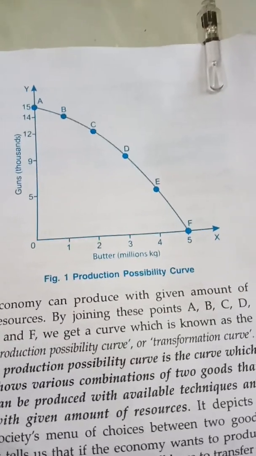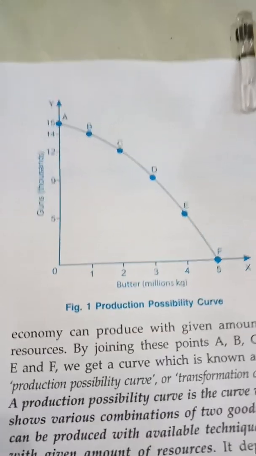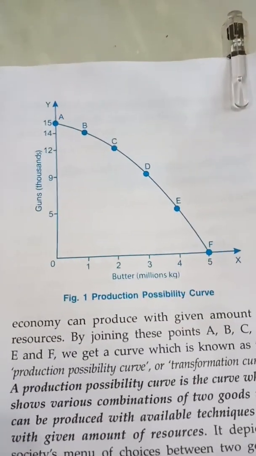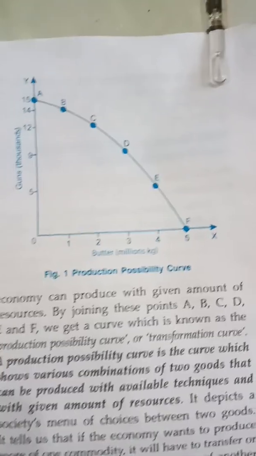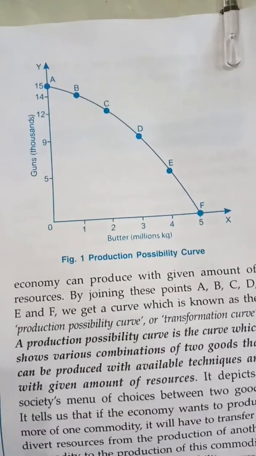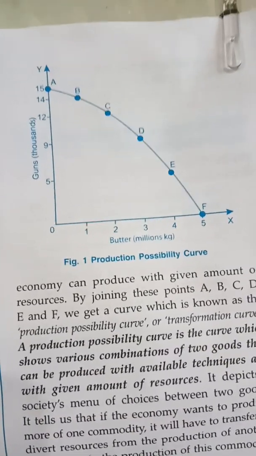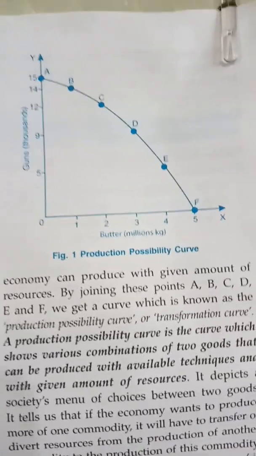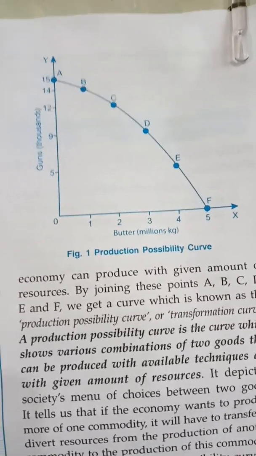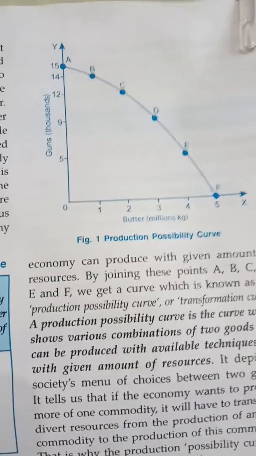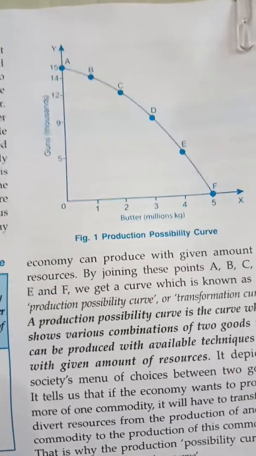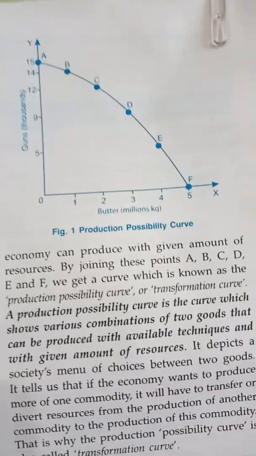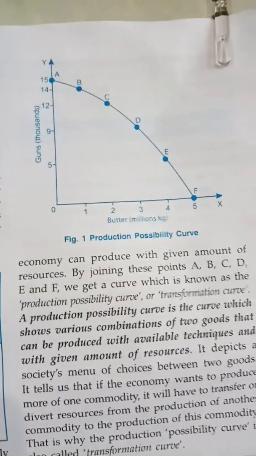If we plot these and join them, we get a curve like this, and this curve is called the production possibility curve, PPC. Why? Because all the points on this curve show various combinations which are possible to be produced. Okay, so this is how we derive the production possibility curve.